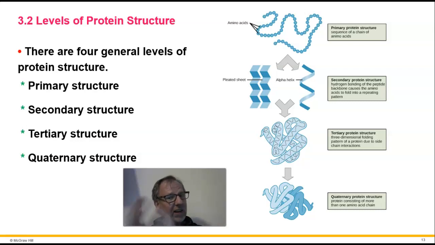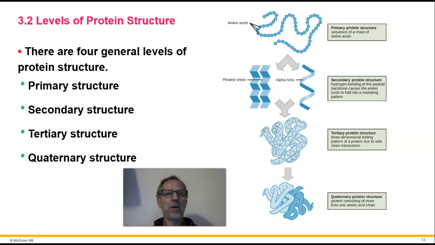Because if we can understand how they get their structure, we understand how they work, and we can use that information for medical purposes to help find cures and drugs and all kinds of things that are obviously very useful to us.